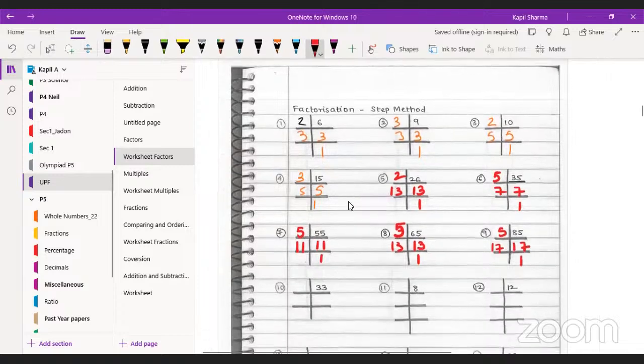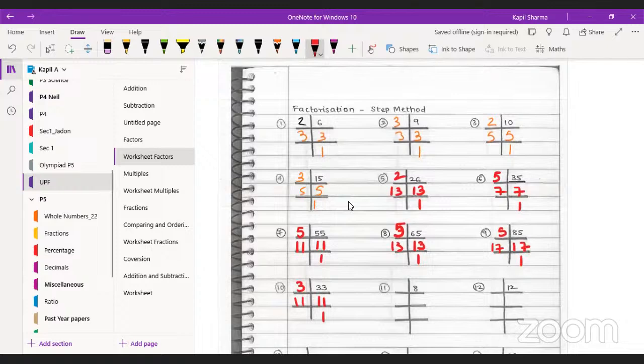Okay. Next one, 33. Yes, Revarth, Devika. Swastik, yeah. 3 times 11 is 33. Then 11 times 1. Okay.